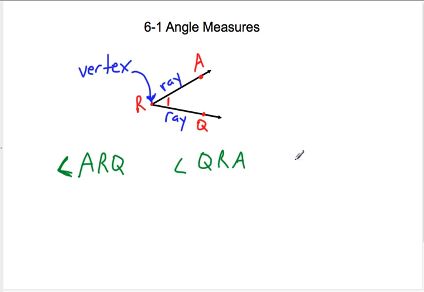We could call it angle R. And we could also call it angle 1 because of this little 1 right here. So any of these names would talk about this angle right here. Notice that the R is always either in the middle or by itself. The A and the Q can be on either side.